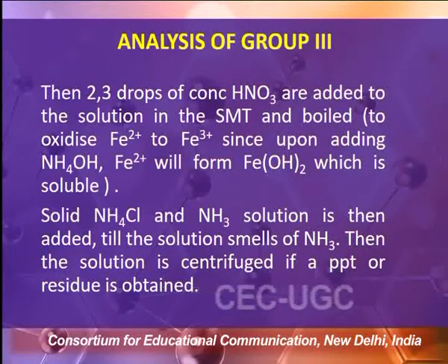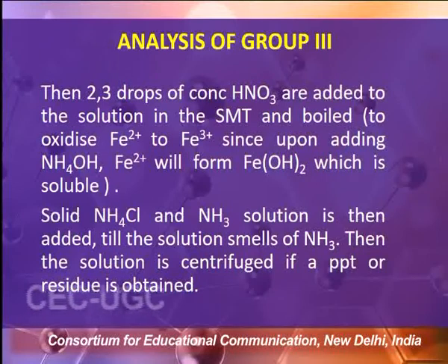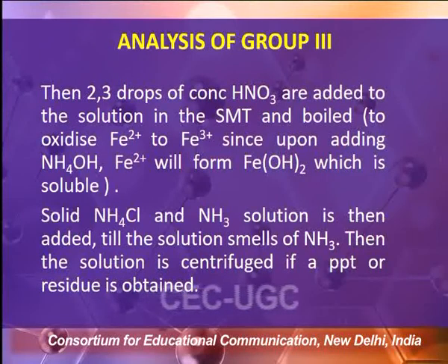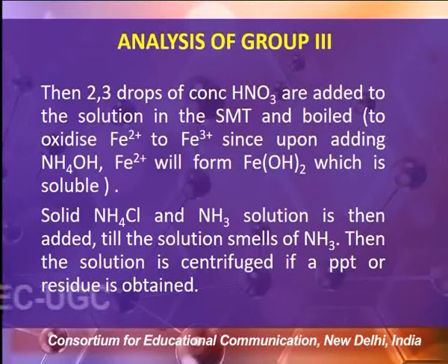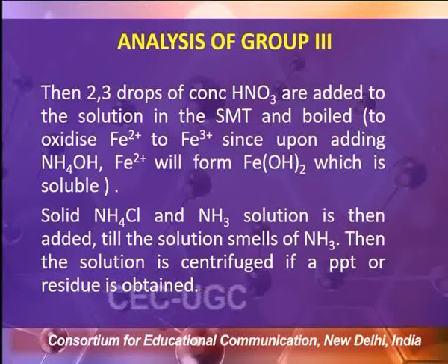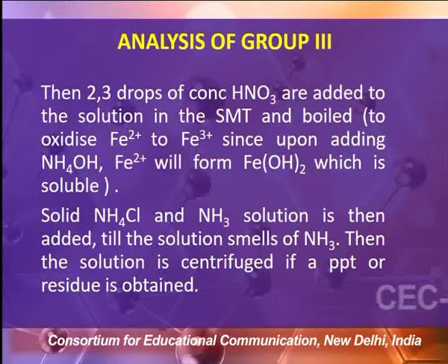So first, ferrous ions need to be converted into ferric ions so that insoluble ferric hydroxide forms when ammonium hydroxide is added. After that, solid ammonium chloride and ammonia solution is added till the solution smells of ammonia, or we can also say ammonium hydroxide.